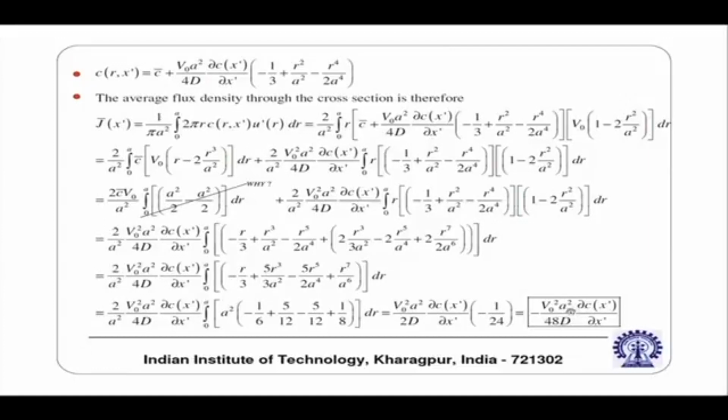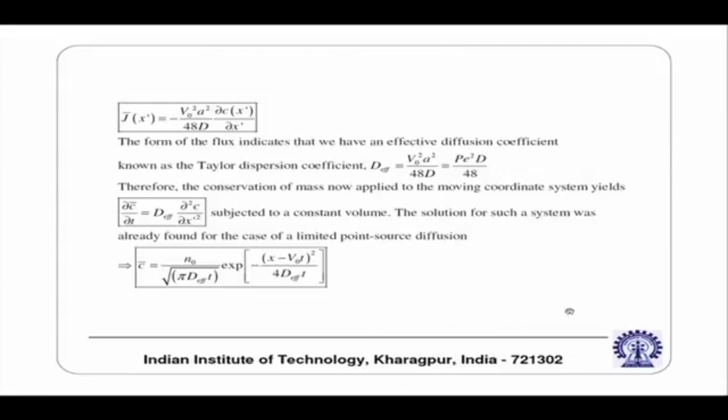So this J, now had it been a pure diffusion, you can write the diffusion flux as an effective coefficient times the concentration gradient, right. So this term V0 square a square by 48 D becomes an effective coefficient which is called the dispersion coefficient. It takes the combined effect of advection and diffusion into account to give an equivalent picture based on diffusion in a moving reference frame.